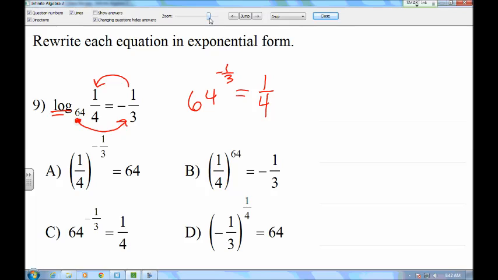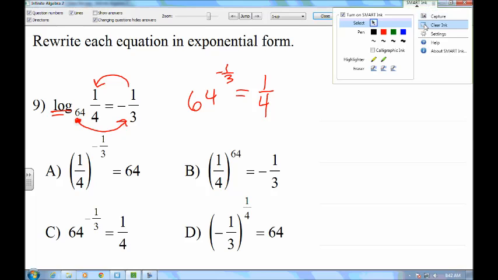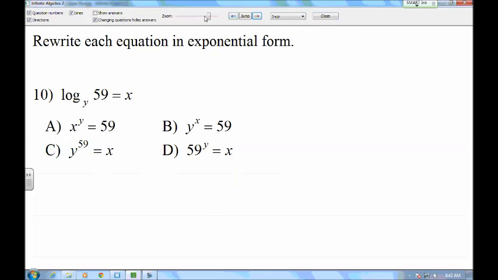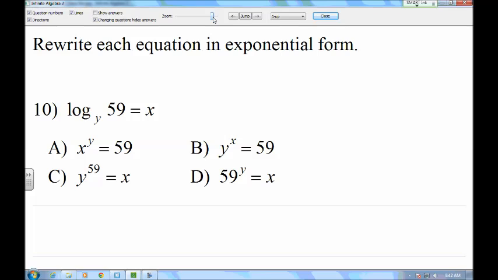And you just do the circle of logs. Okay? Try this one on your own. Write it down. Show me your work. And hold up your board. Okay.